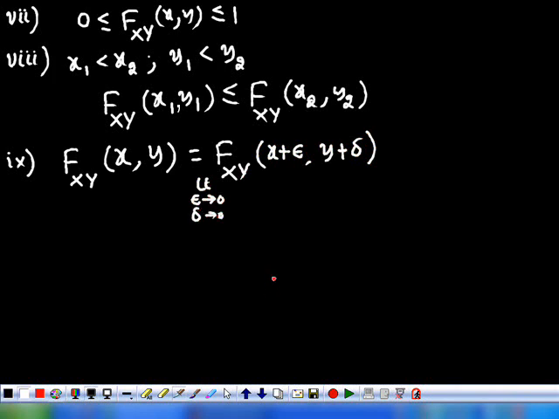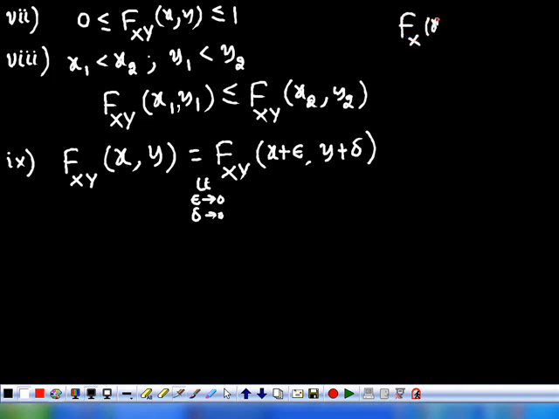What does this indicate? It is continuous from right and continuous from top. Because it is a plane, it is continuous from the right side and continuous from the top. That is the meaning of this property. The joint CDF is continuous from right and continuous from top. So this is the extension of this property.